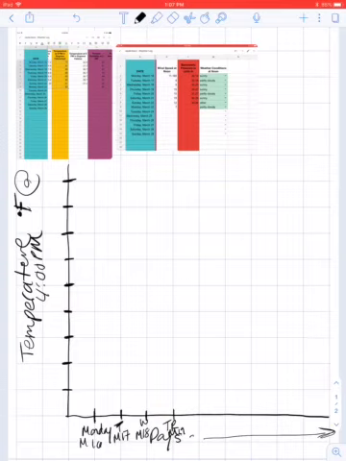I'm doing Fahrenheit, and my highest temperature is 83. My lowest is in the 70s, so I could go by a lot, but I want to see the difference between the different points here, so I don't want to go by too many. I'm going to go by tens.